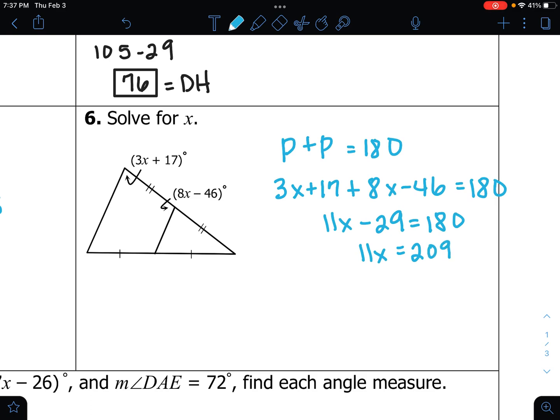Okay, and then we're going to divide both sides by 11. I really hope that's right. I need a calculator. It's going to be 19. Yes, forgive me. So this x is definitely 19.